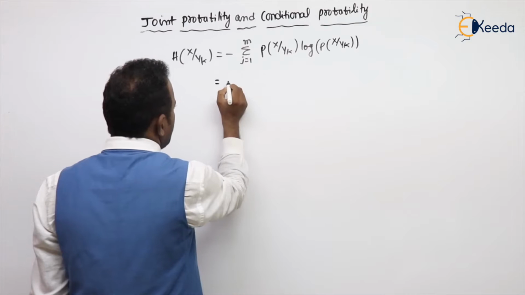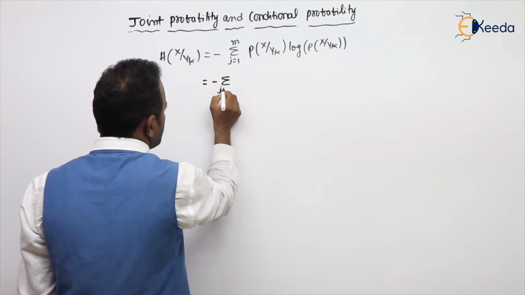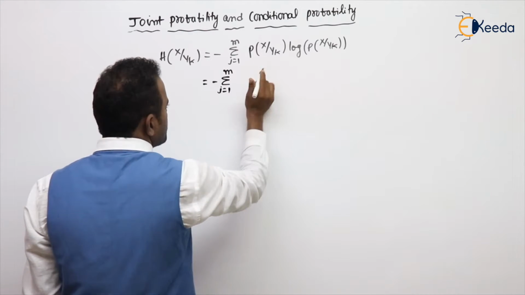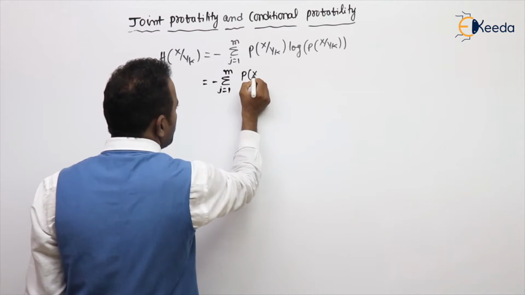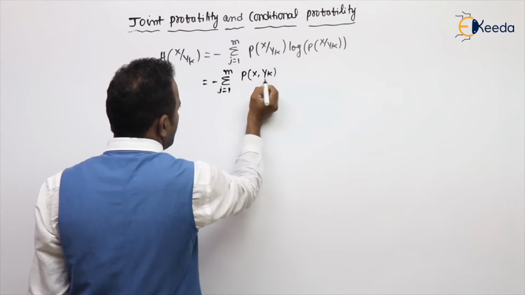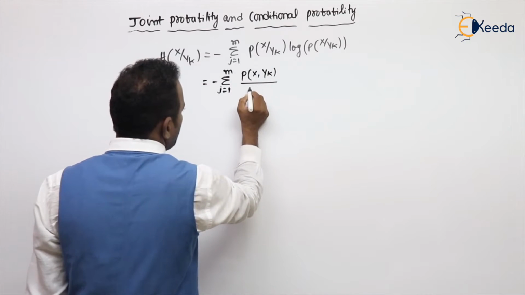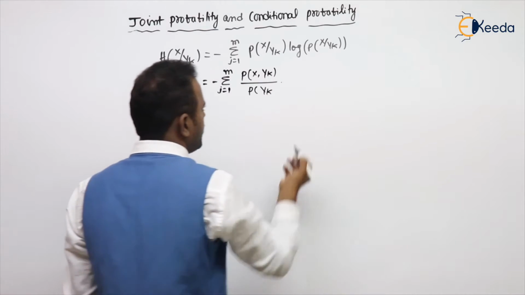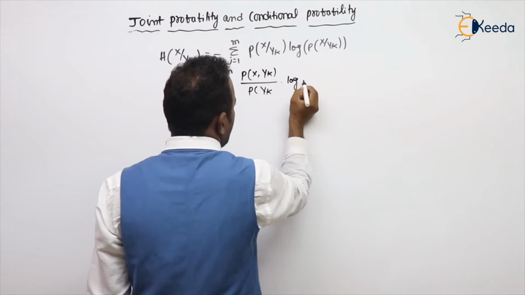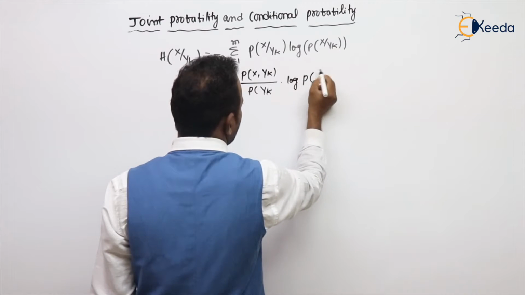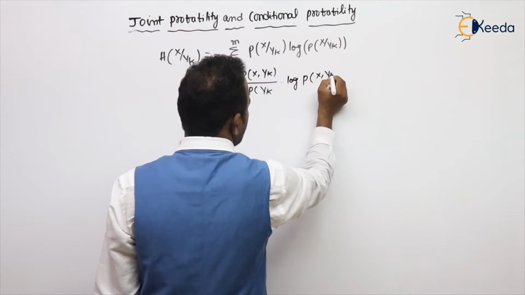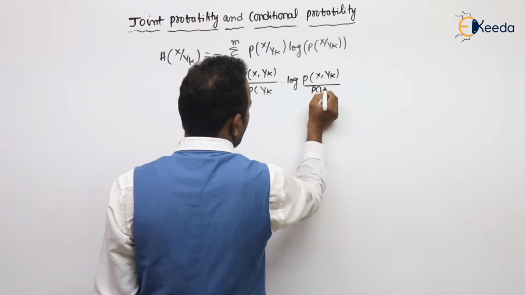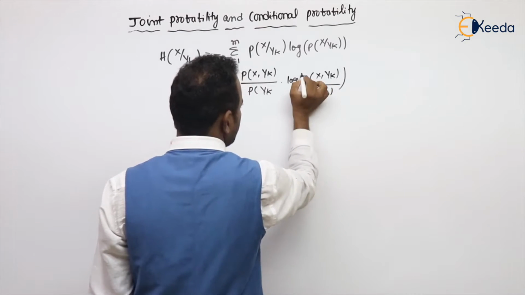This can be written as minus summation j equal to 1 to m, P of x comma yk divided by probability of yk, getting my point, into log, x comma yk divided by probability of yk.